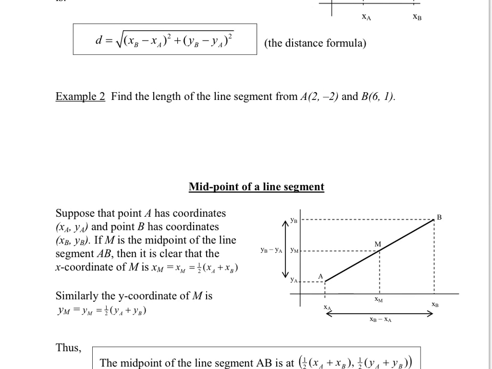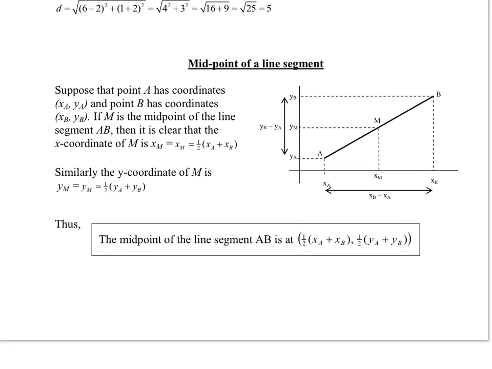We replace xA with 2, xB with 6, yB with 1, and yA with -2. From there it's just about plugging in the values. We do 6 minus 2 squared, and then 1 plus 2 squared. Again, in this example, we happen to get 5 as our answer.